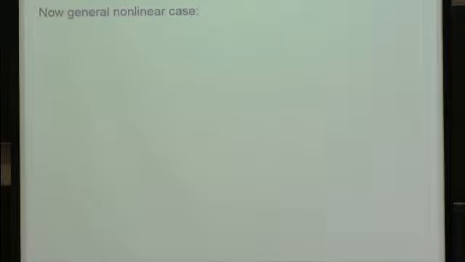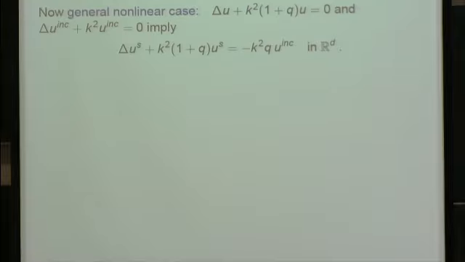Now we go to the nonlinear case. It's a little bit more complicated, of course. First of all, we start with the incident field equation again, and we know the incident field satisfies the ordinary Helmholtz equation.